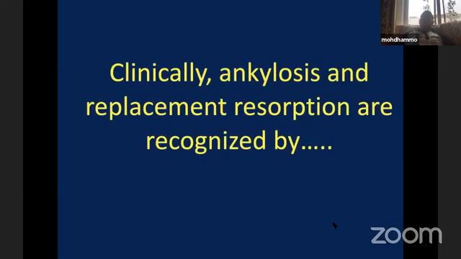How do we know we have ankylosis? Ankylosis and replacement resorption are recognized by, first, when we check the tooth, we will notice the immobility of the tooth. So the tooth is like a rock. There is no periodontal ligament, so the tooth is immobile.